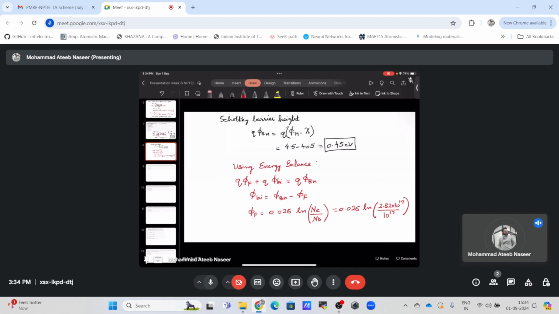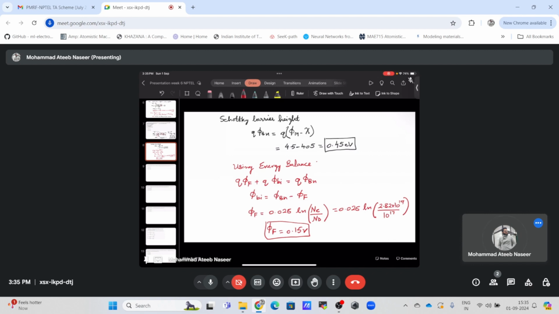Let me calculate this value. It will be 2.82 into 100, so it is ln of 282 times 0.026. So it's 0.15. Phi f is 0.15 volts.